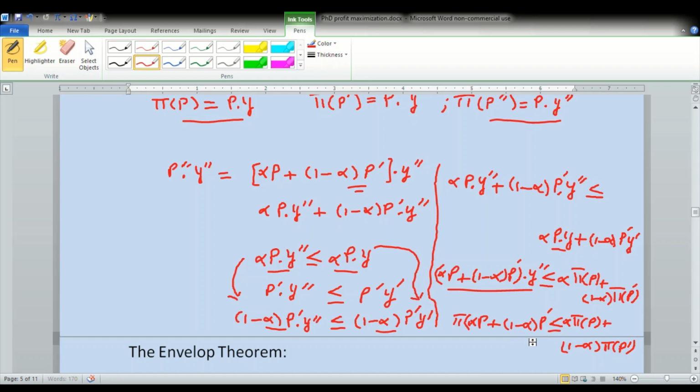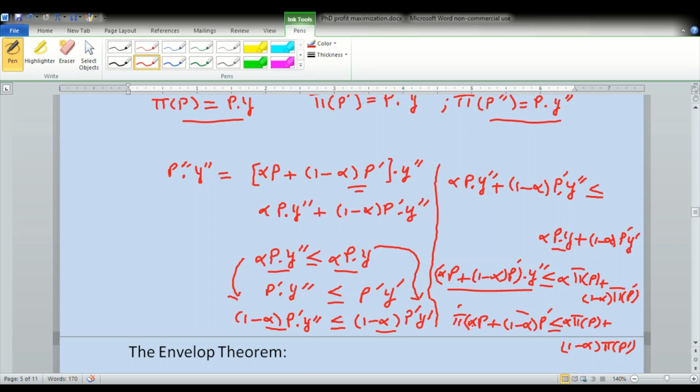So are you able to get this? What this is saying is that the profit at the weighted average of p and p dash is less than or equal to the weighted average of the profit at p and p dash.